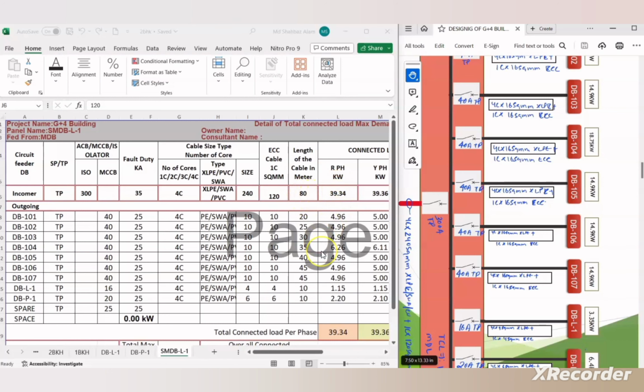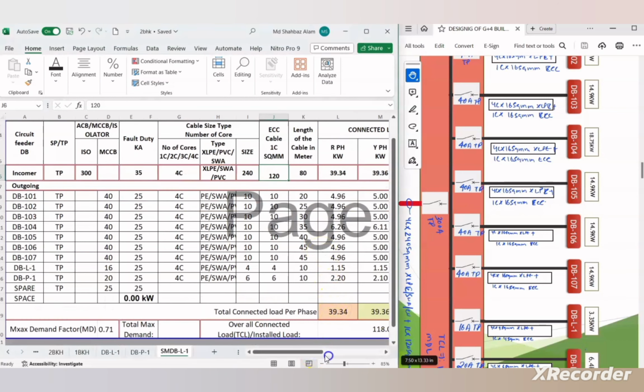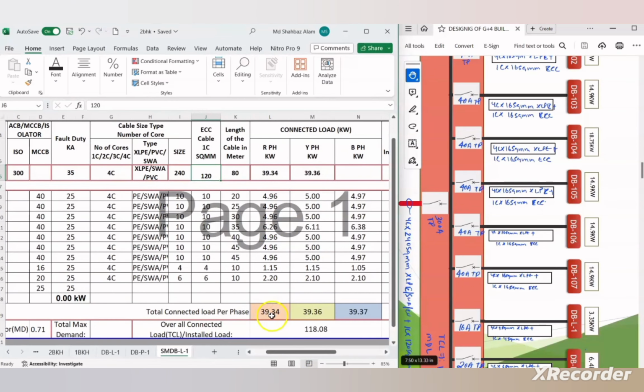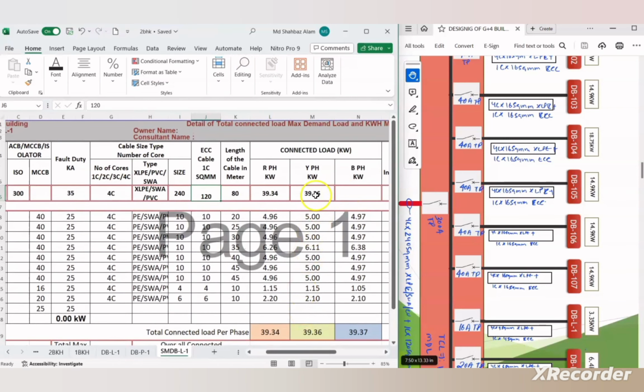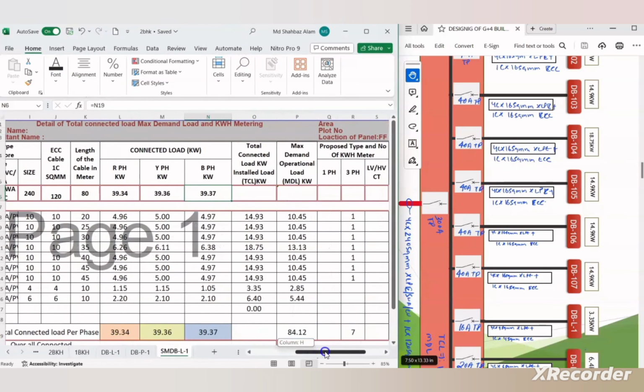Now we know that the total connected load on R phase on the SMDB is 39.49 kilowatt. The total connected load on Y phase on the SMDB is 39.36, and the total connected load on B phase on the SMDB is 39.37. So the same thing I copy here: 39.49, 39.36, and 39.37. Hope you are clear now.